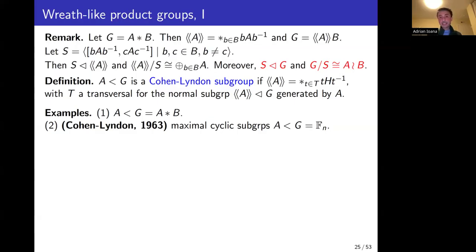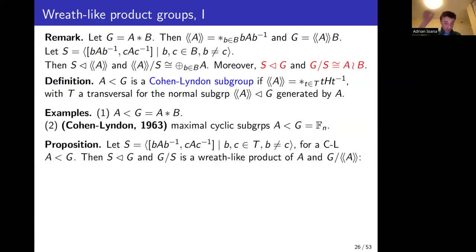What we'll see next is that, in fact, Cohen-Lyndon subgroups exist in abundance in hyperbolic groups. But before I do that, let me tell you what the use of this property is. Here's the proposition. Assume that A in G is a Cohen-Lyndon subgroup. Then we're going to do exactly the same procedure as we did for wreath products.